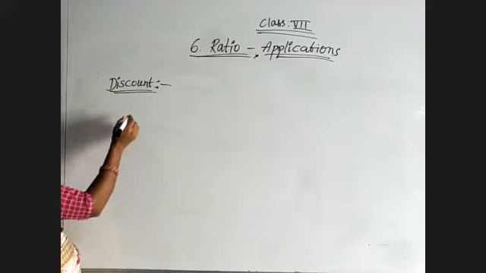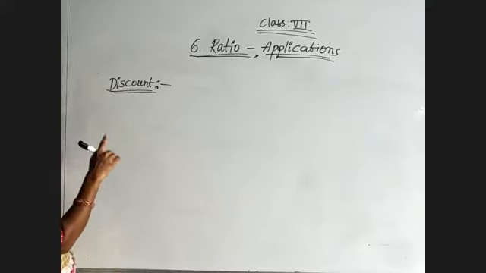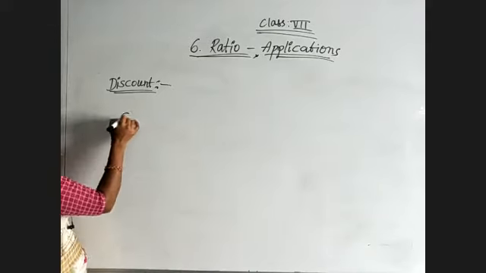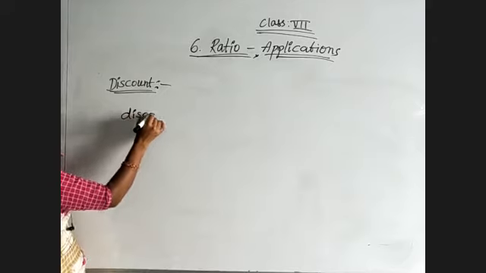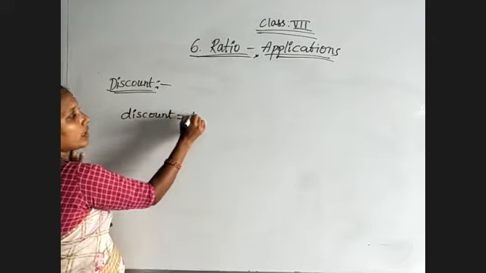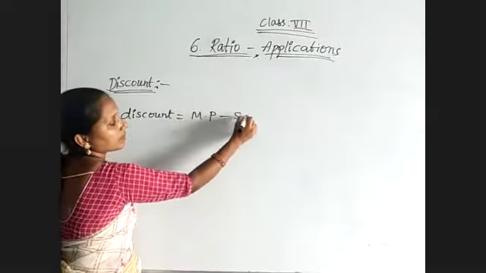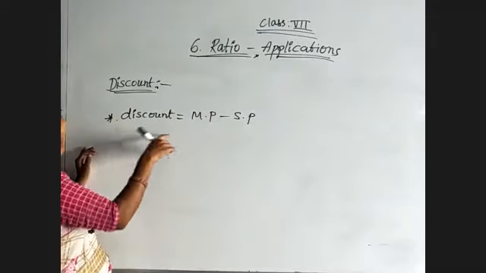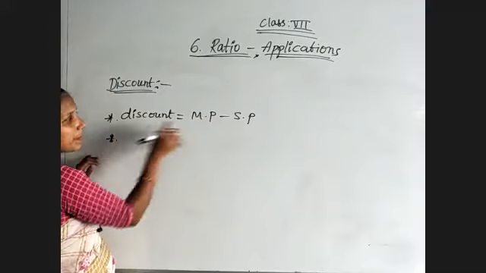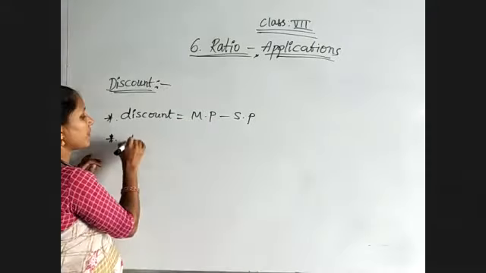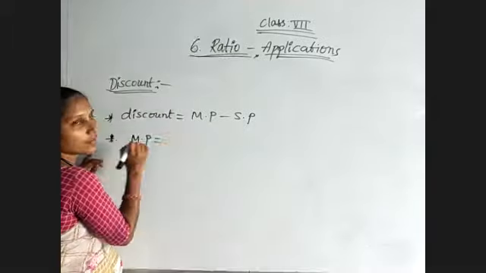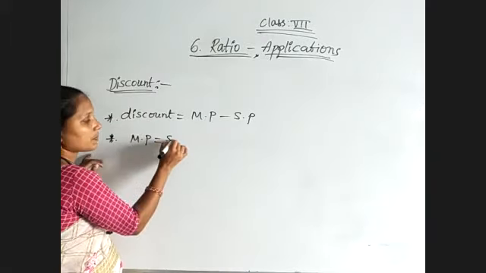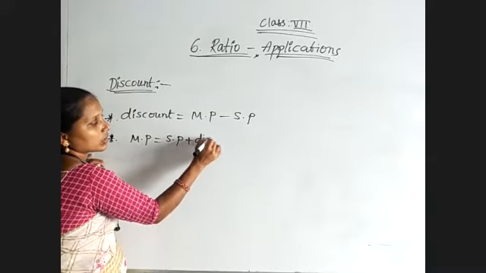That's all. So original price, as I told you, MP market price, and SP is selling price. So discount is given by the formula MP minus SP. From this different formulas we must demonstrate for MP and SP. So MP will be equal to, MP is bigger one, to get that minus SP by bringing this side plus SP. So SP plus discount.